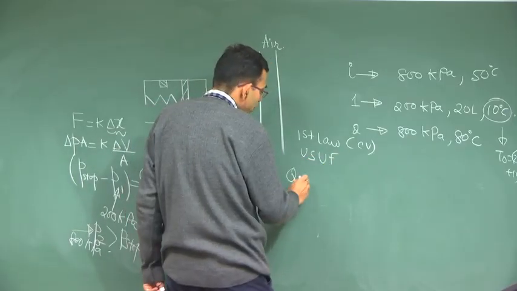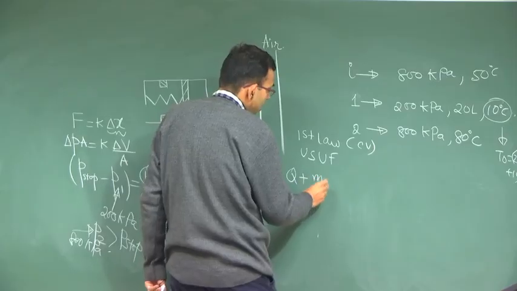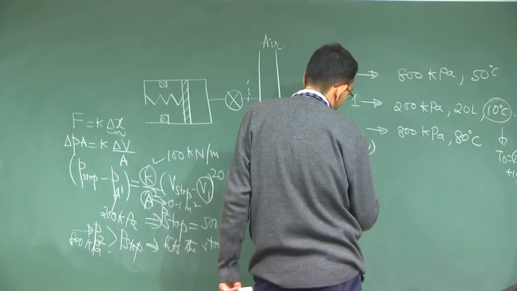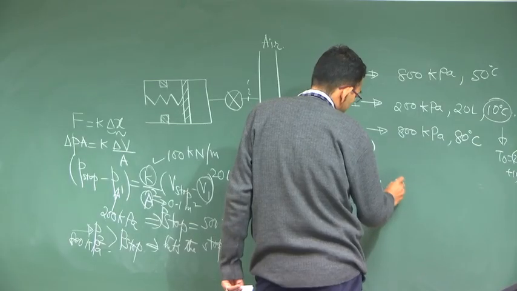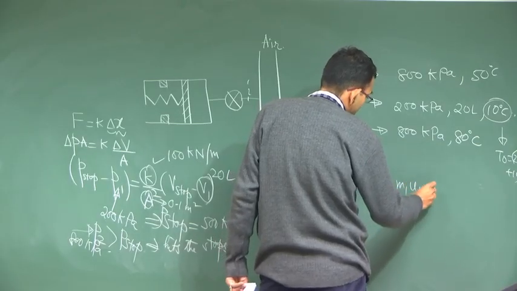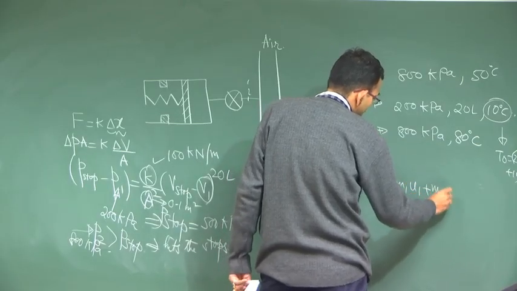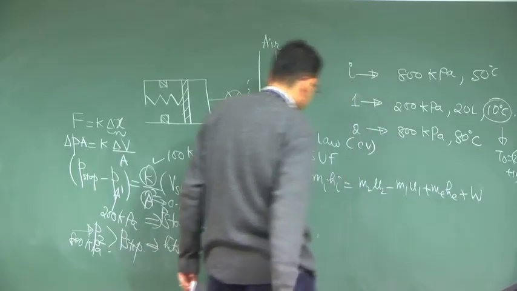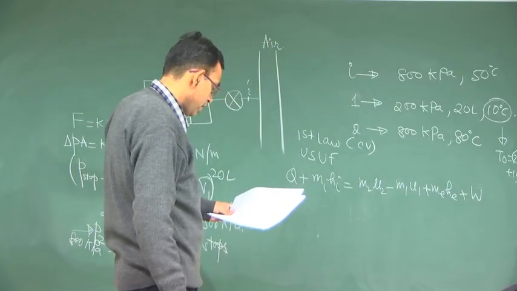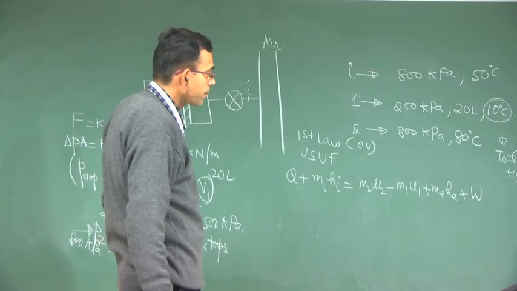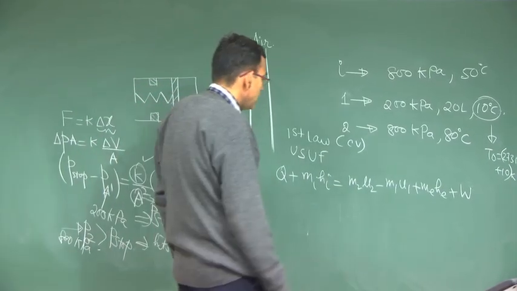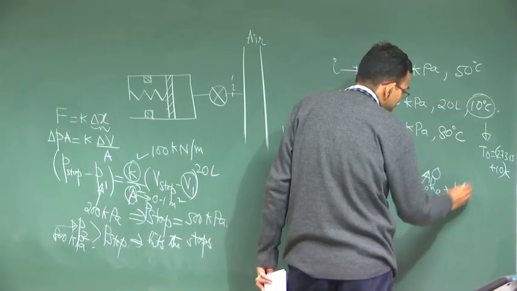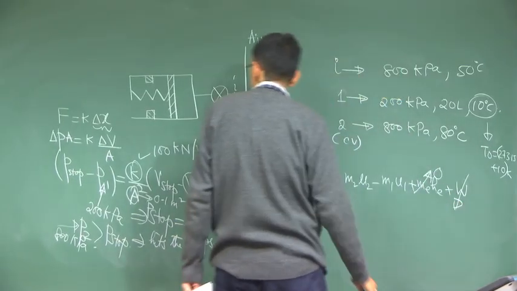So, Q plus Mi Hi is equal to M2 U2 minus M1 U1 plus Me He plus W. So, there is no exit, therefore this is 0. What is W? Here there is a W.